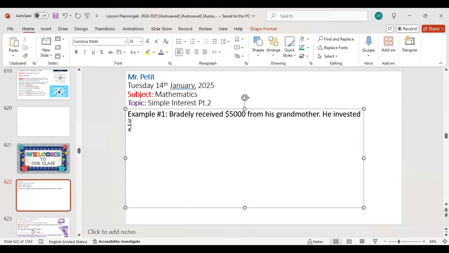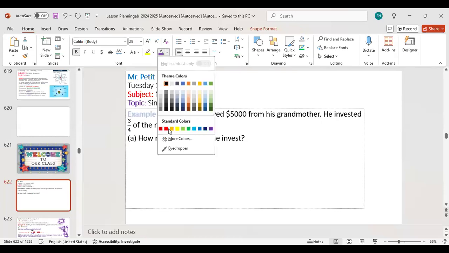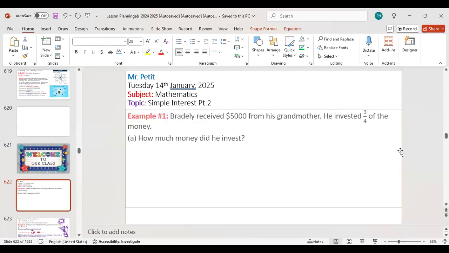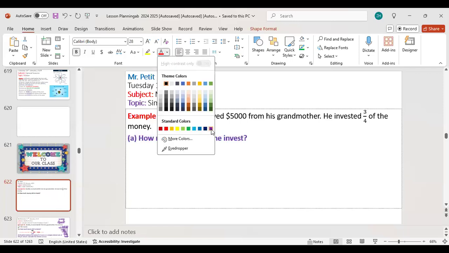The first question says: how much money did he invest? Again, Bradley received $5,000 from his grandmother. He invested 3/4 of the money. How much money did he invest? Anyone want to try? How are we going to figure this one out?